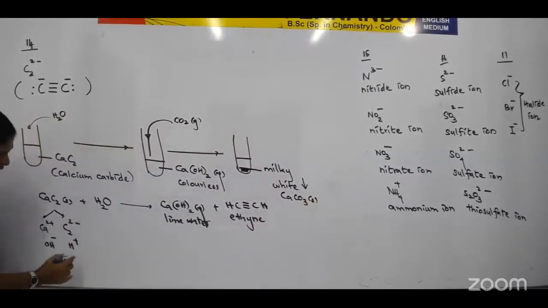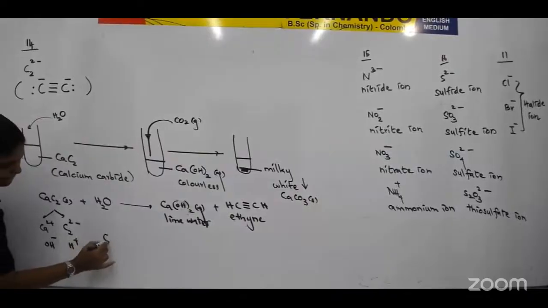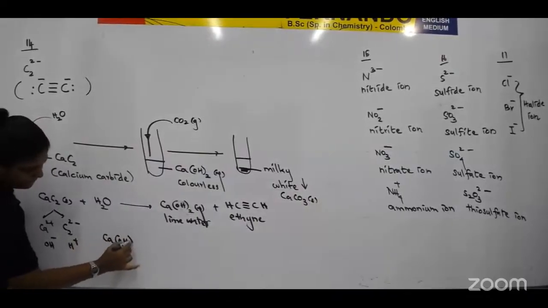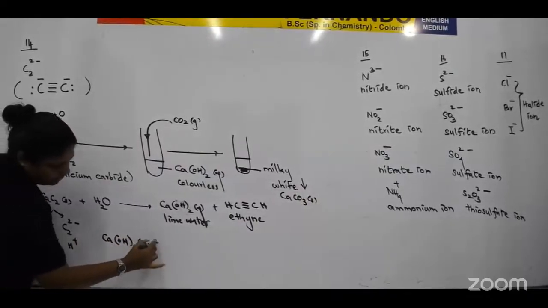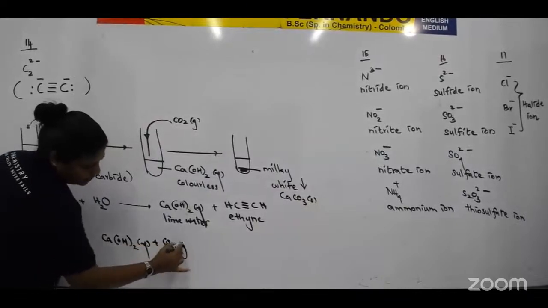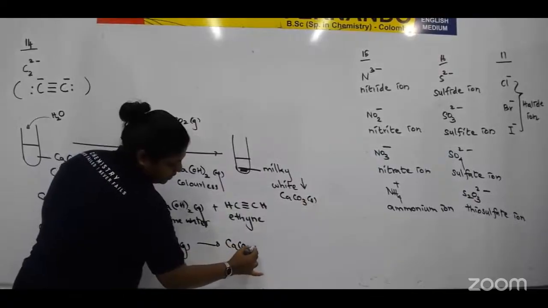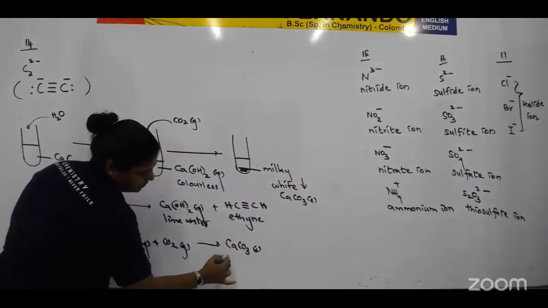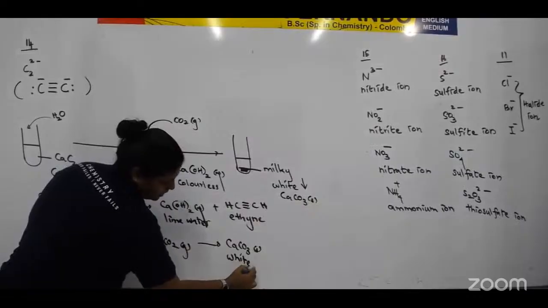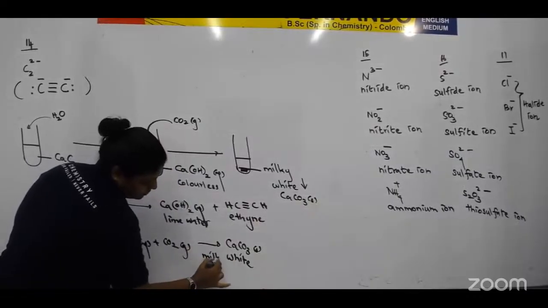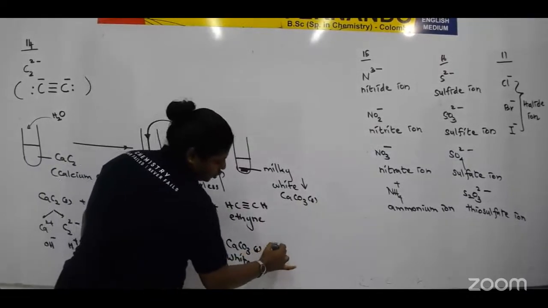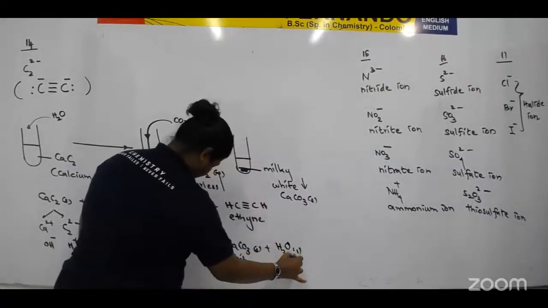So calcium hydroxide, lime water, reacts with carbon dioxide, producing a milky white precipitate called calcium carbonate. In addition to that, water is produced.